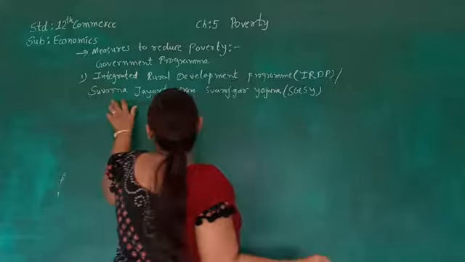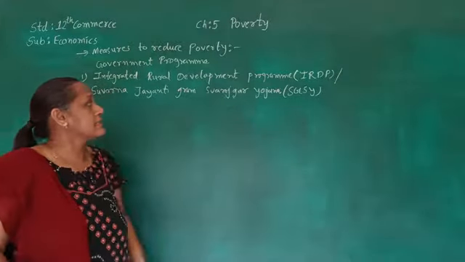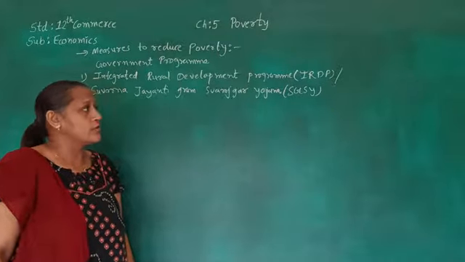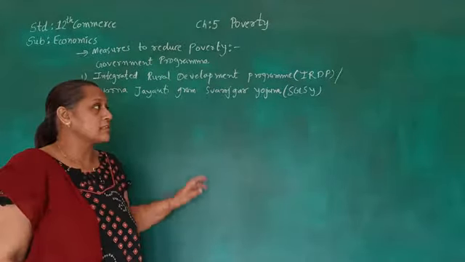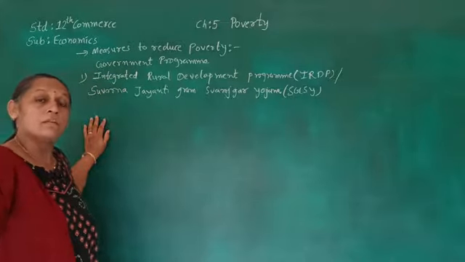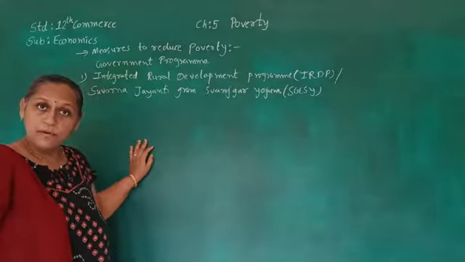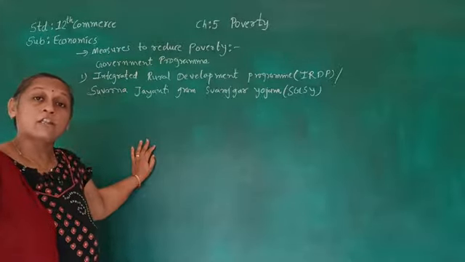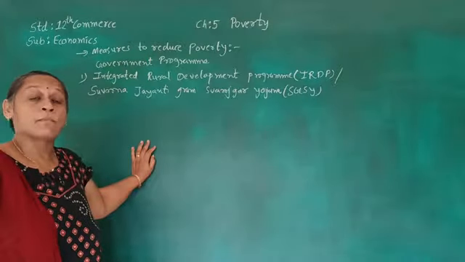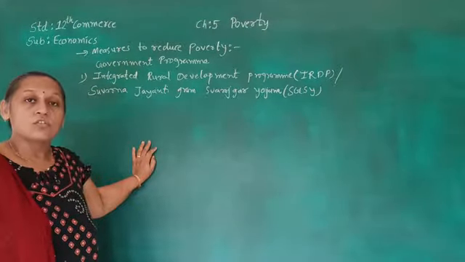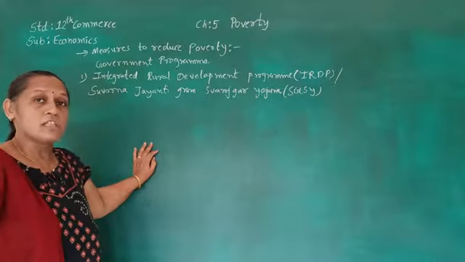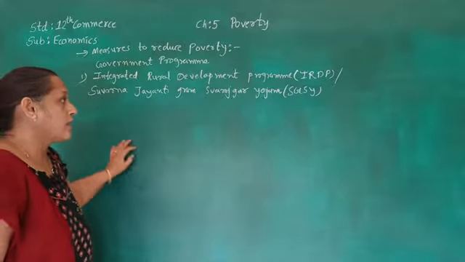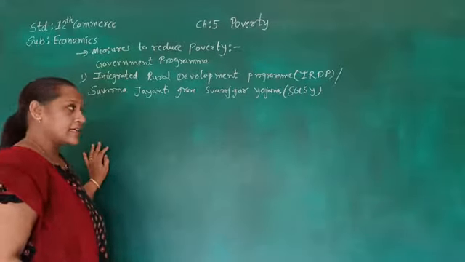So the government started this program to give employment to poor people like agricultural laborers, small farmers, marginal farmers or small artisans, so that they can have employment. This program was merged in IRDP on 2nd October 1980.